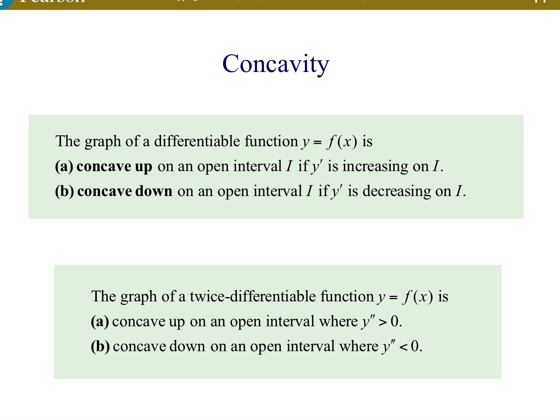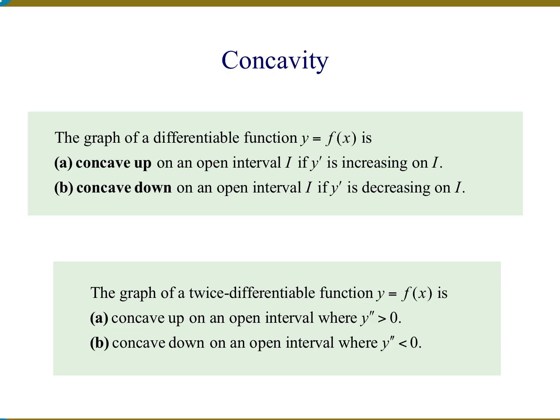We can tell concavity based on the second derivative. So we're going to use words like concave up, and concave up means y prime is increasing. Or we'll use words like concave down, which means y prime is decreasing. So the slope is increasing or the slope is decreasing.